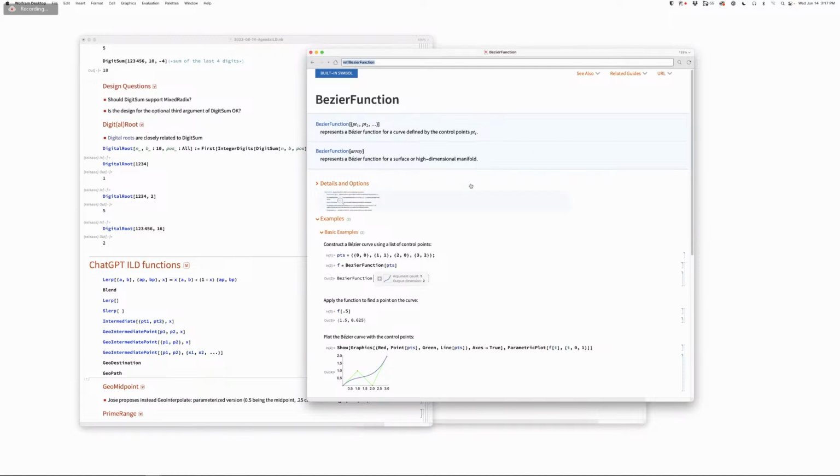So the question is, how do you get a point some distance along a Bezier curve? Right. How do you get a point some distance along any curve?